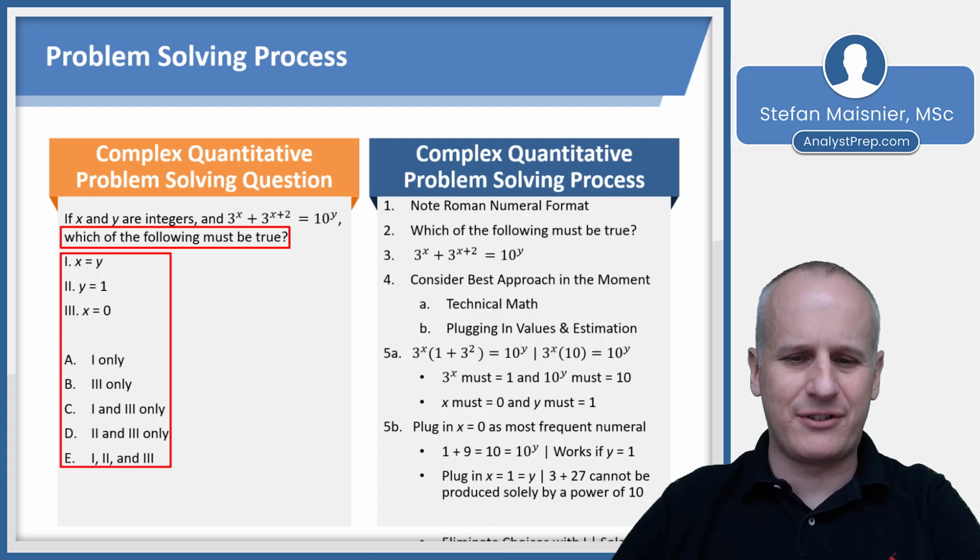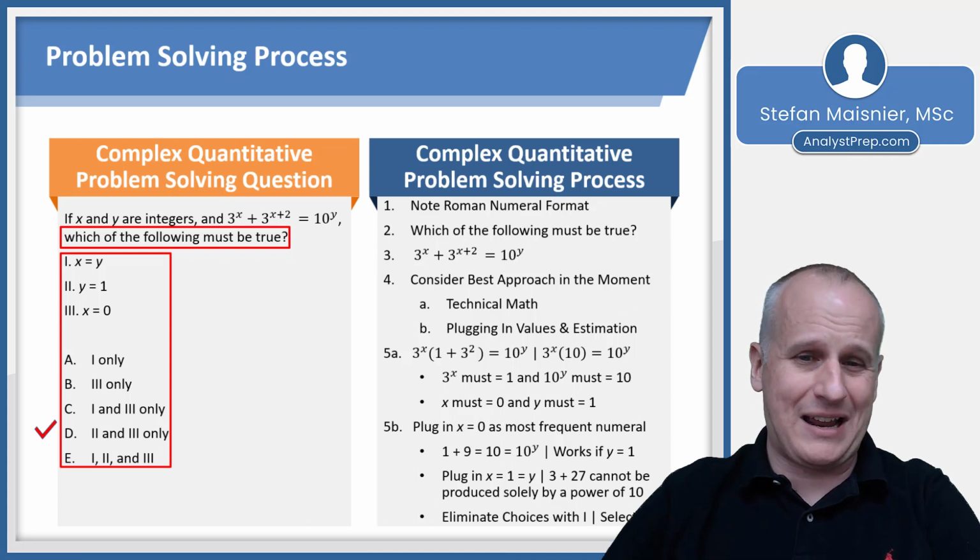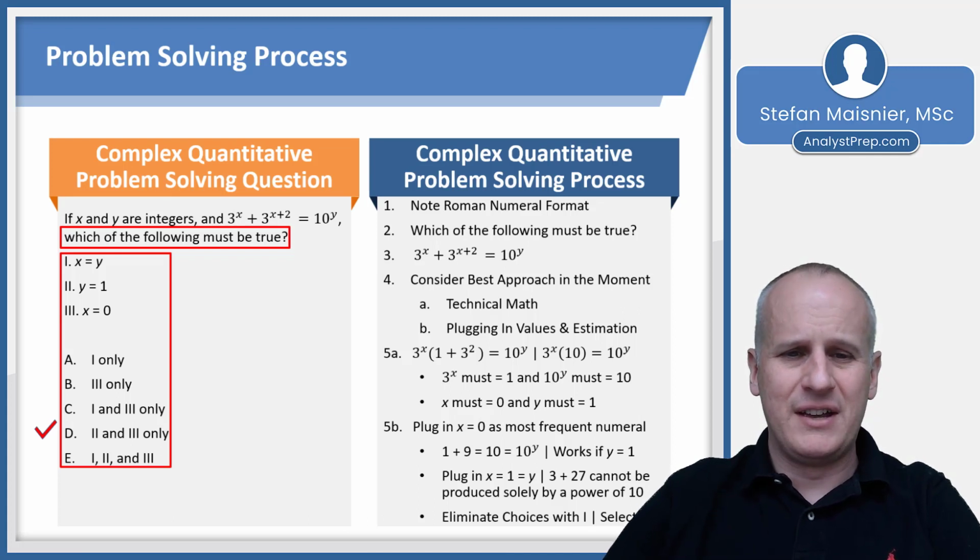So you can discover that we're left, once again, with our correct answer of D, because Roman numeral 1 can't work. Because if you've got x equal to 0 and y equal to 0, well, then you'd have 1 plus 9 is equal to 1, and that's not true. The only way that this worked was the original technical factorization.